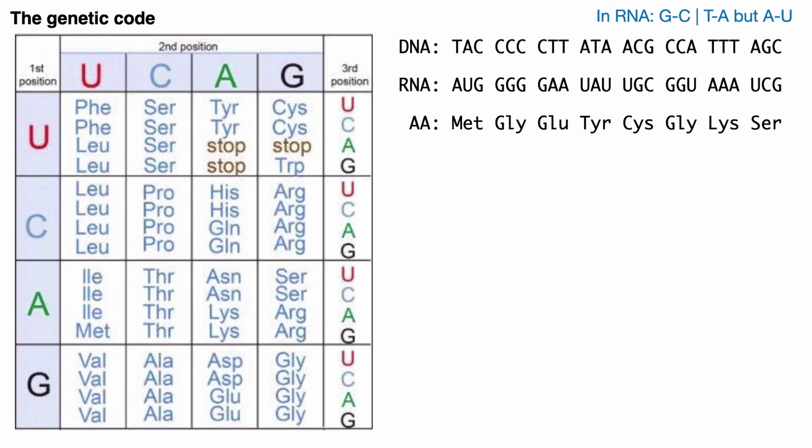So what this means is, starting at the beginning, this AUG, the way you read this is the first position is A, so you go down to the 3rd row, U, that's the first cell in, and then G, if you follow along to the 3rd position on the right, it's that very bottom one, methionine.